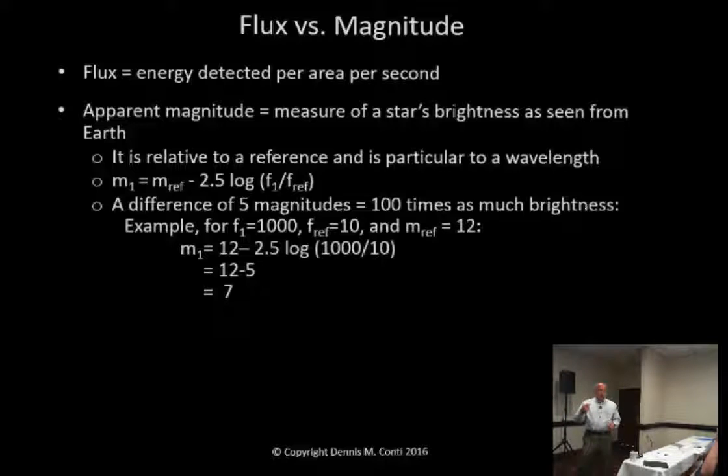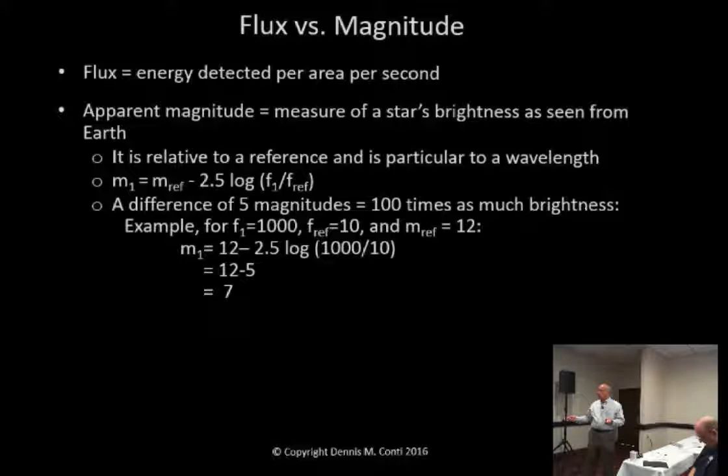When we talk about the magnitude of a star, we're talking about a measure of its brightness from Earth. And it's always relative to a reference star. So if you ever look in a star catalog, you'll see V magnitude or I magnitude, because there is no such thing as the apparent magnitude of a star. It depends on what filter you're looking through, and also what reference star you're using.